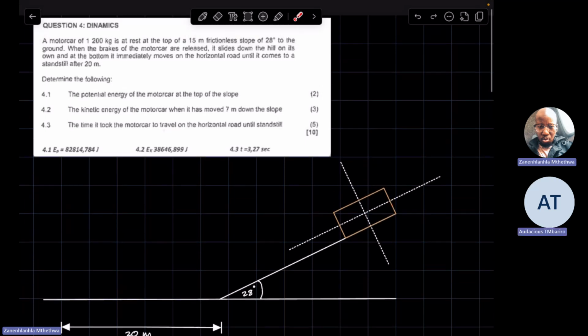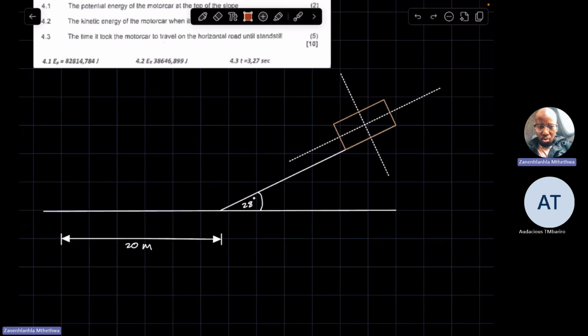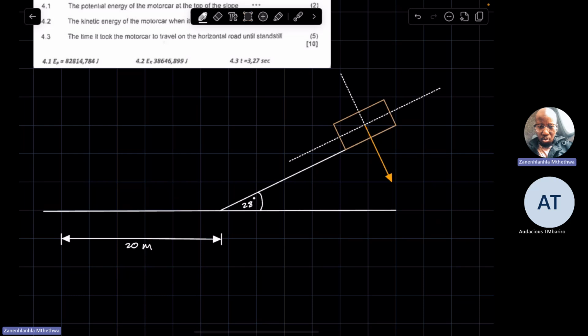Before any kind of motion taking place here, you need to consider the fact that you already have these following forces at play. When this is still at rest, you have these forces. You already know that you are going to have the weight component perpendicular to the plane.